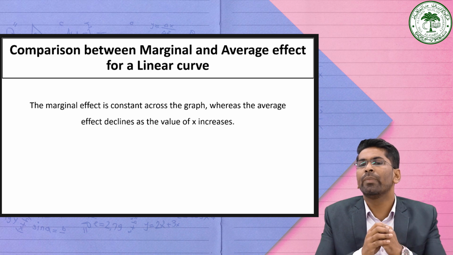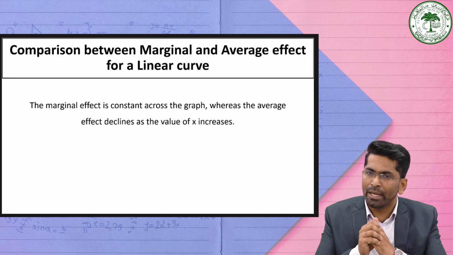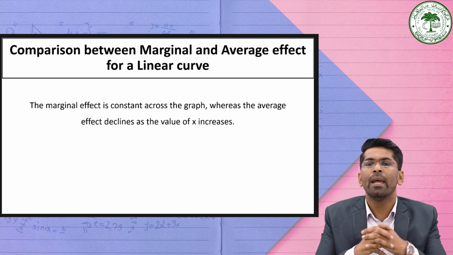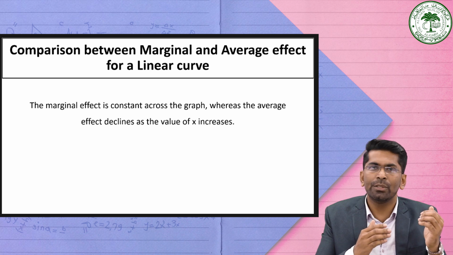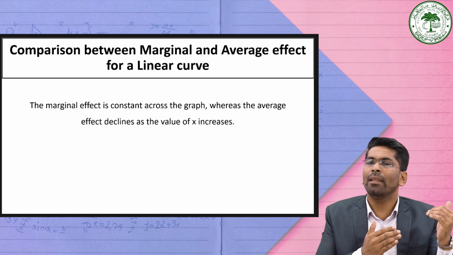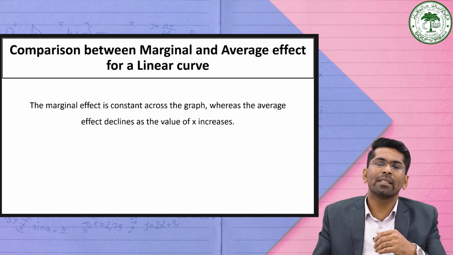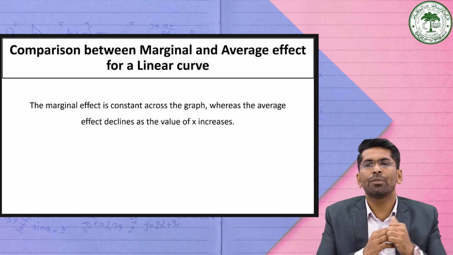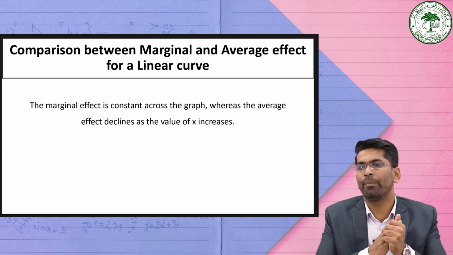Let me conclude here. In this lecture, we actually discussed some of the important applications of the graph in economics. Especially, earlier we discussed the budget line in consumer behavior analysis and the iso-cost line in producer behavior analysis. Besides that, we also discussed the average effect and marginal effect in the context of the linear income consumption function.